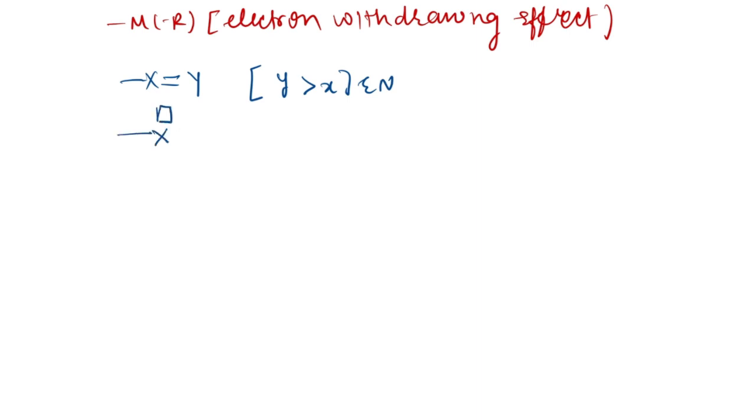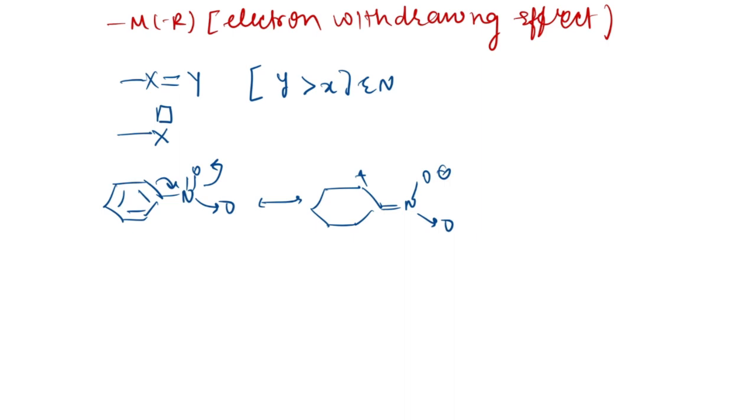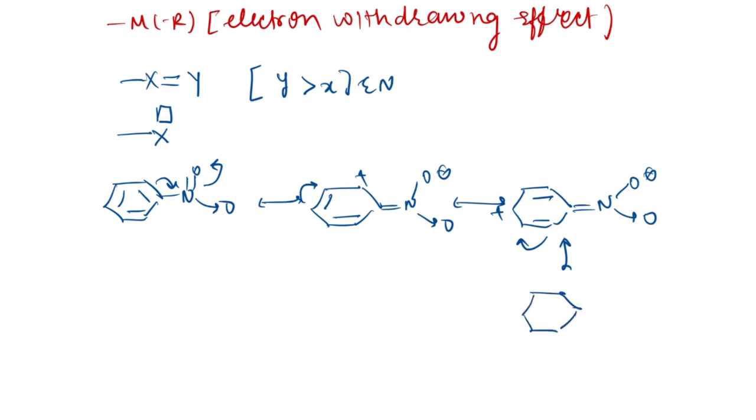For example, let's talk about nitrobenzene with N double bond O. So it will pull the electron, it will give it here. So what will happen? It is positive charge, double bond O and O. And it will give the electron here, N positive, double bond N O and O. It will give the electron over here, double bond N O negative and O. And it will give the electron over here.